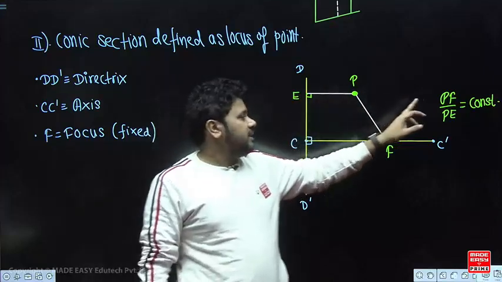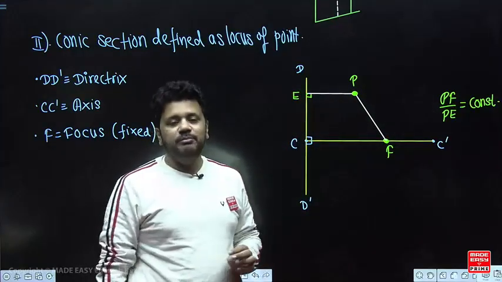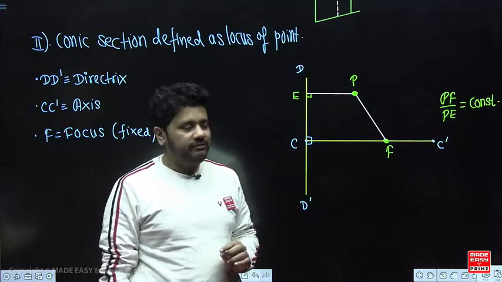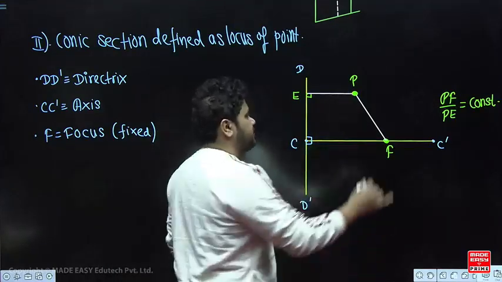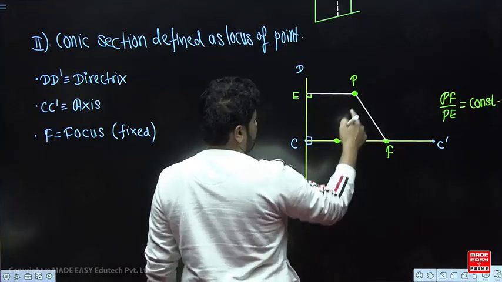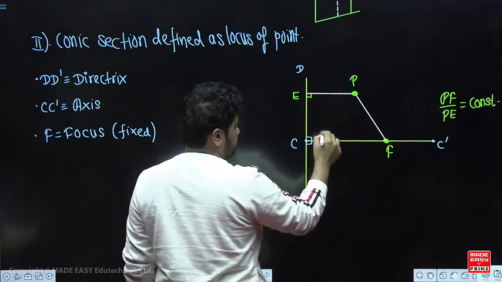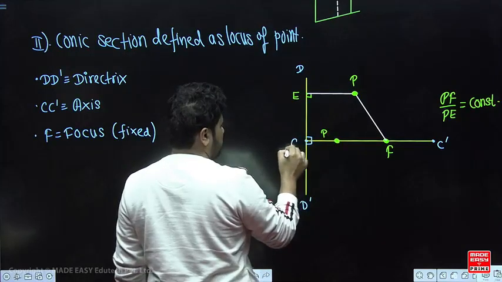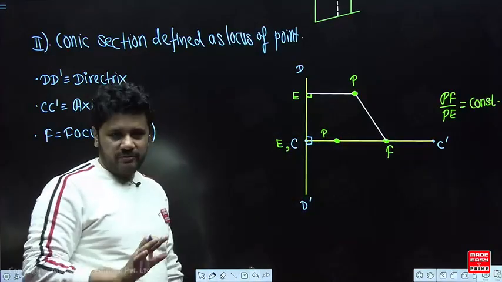That means when the point is moving in the plane, this ratio must not change. For example, suppose PF upon PE is equal to 1.5. When I change the position of the point, and the point P comes over here, E will coincide with C such that PF upon PE is still 1.5.